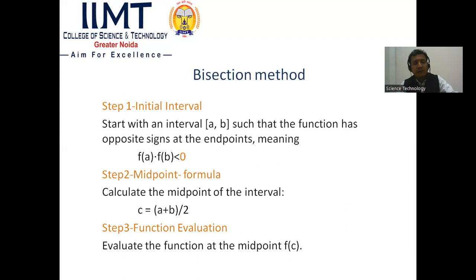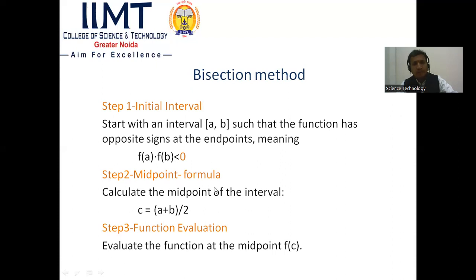That means if the function is positive at one end of interval, then it should be negative on other end. Then we will go to step number 2.